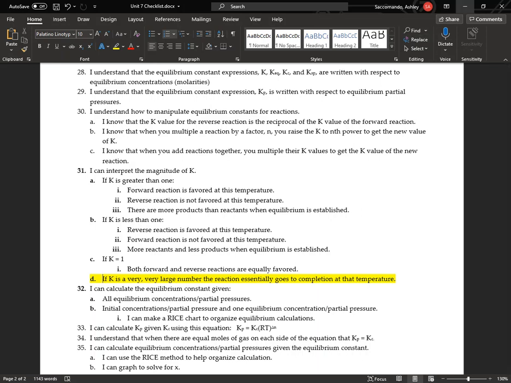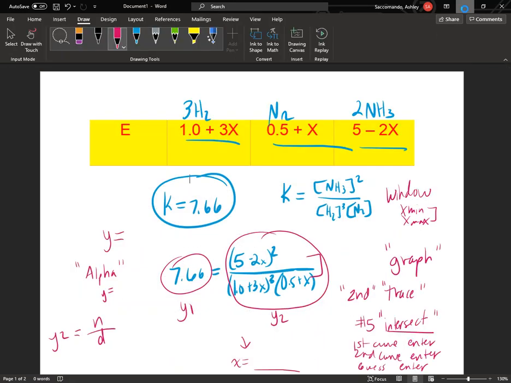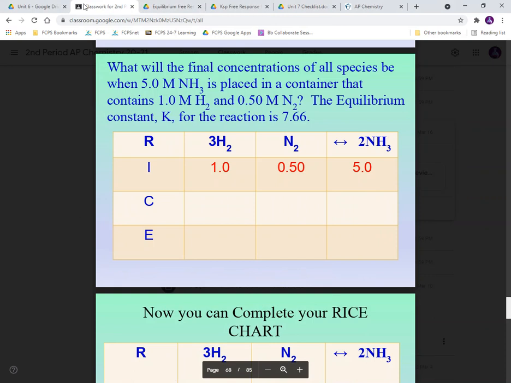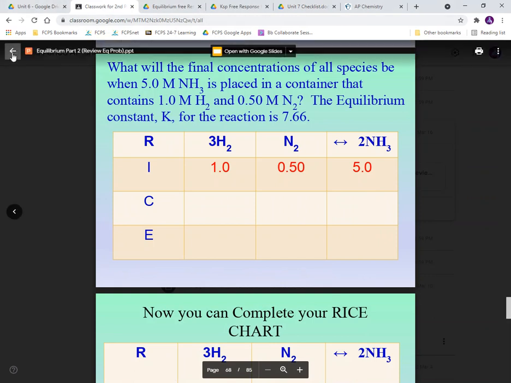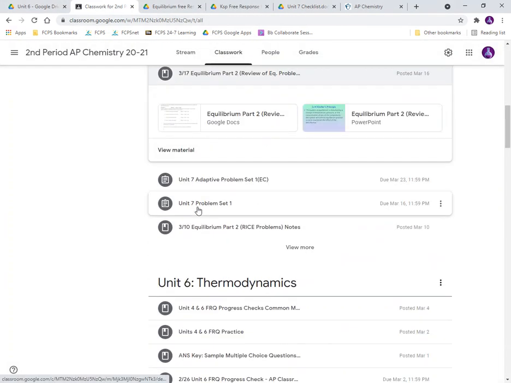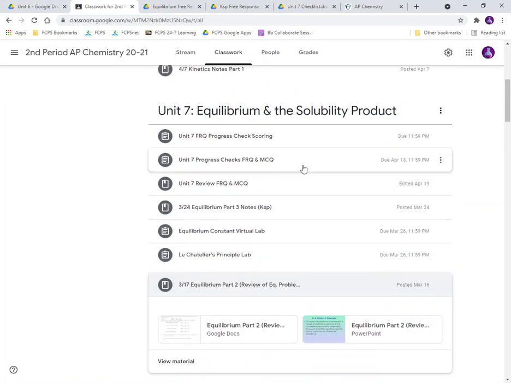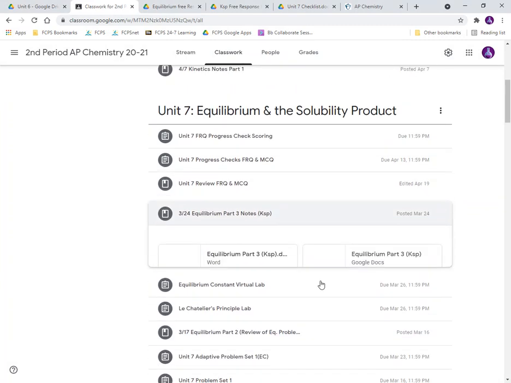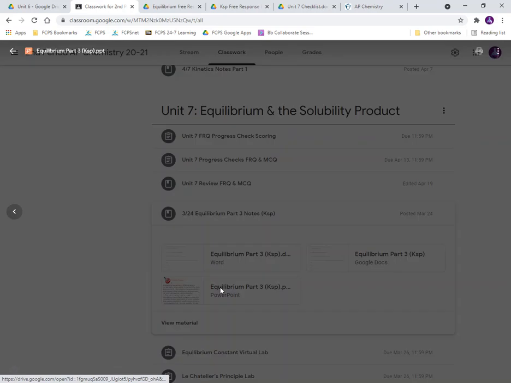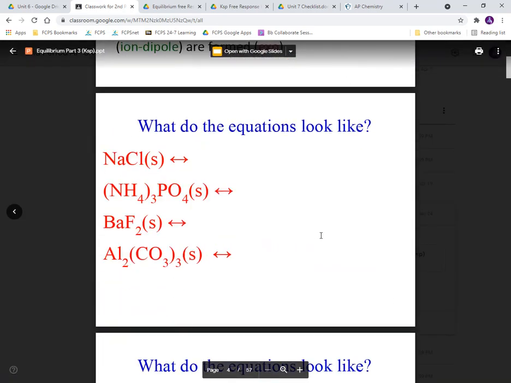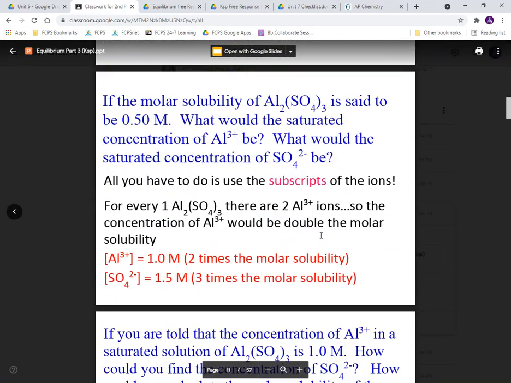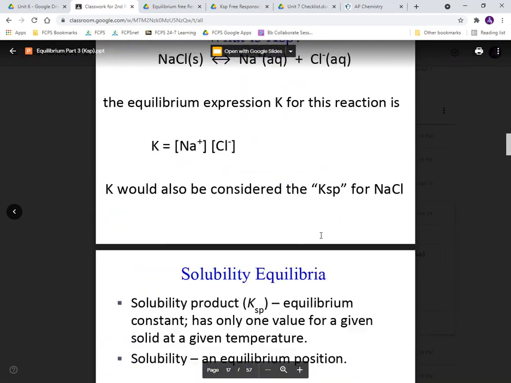Those essentially go to completion for the most part. Let me show you that again. That's going to be in the Ksp notes right here. Okay, so at the end we talked about complex ion formation.